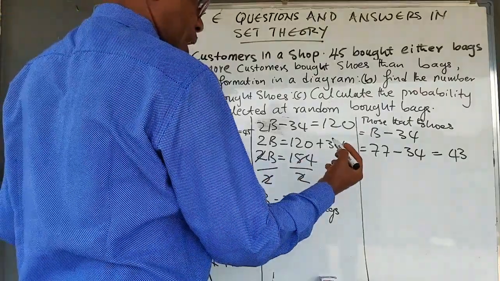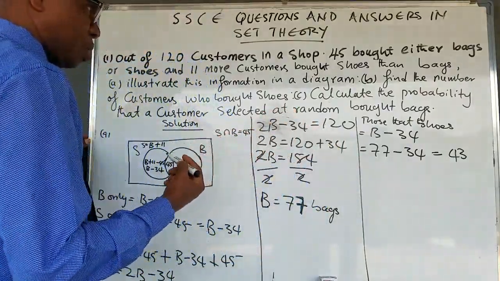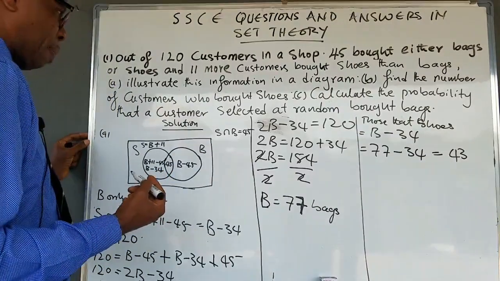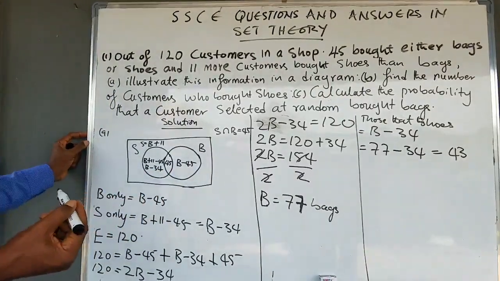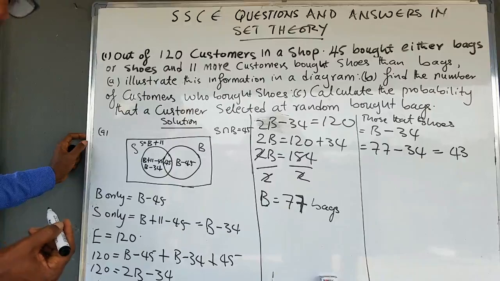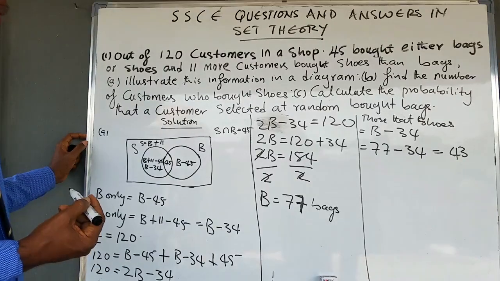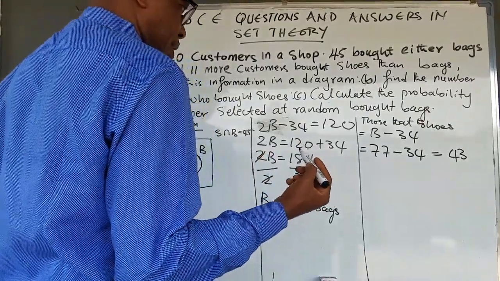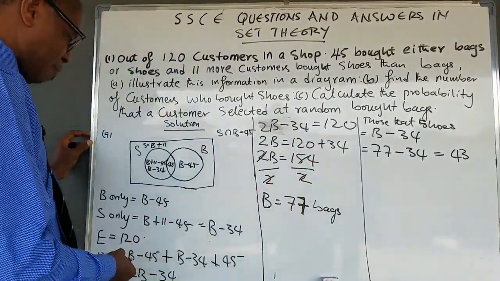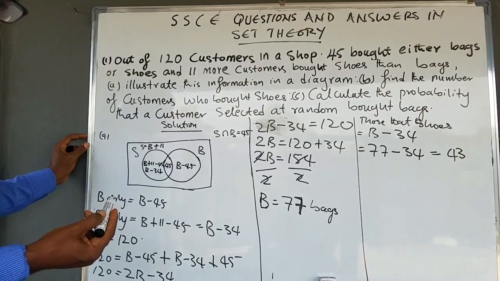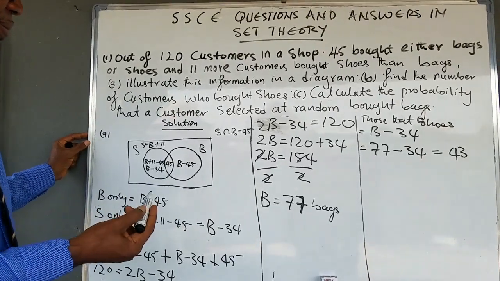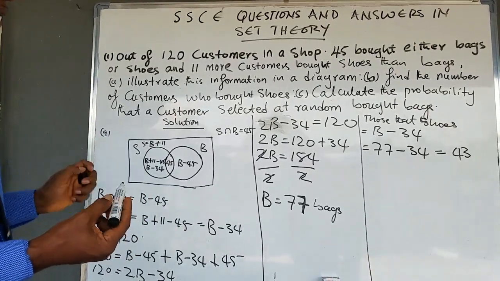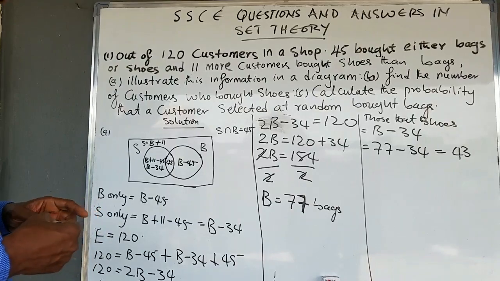But we also have another interesting question here. Calculate the probability that a customer seated at random bought bags. Now, what's the probability? Since we have the number of bags is 77, let us check the probability that somebody bought a bag.